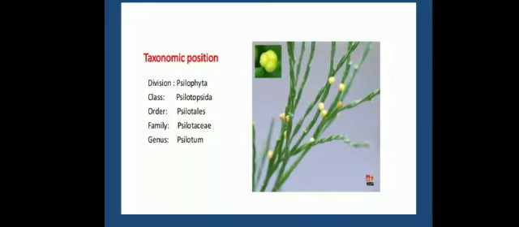The genus Psilotum is widely distributed in tropical and subtropical regions of both northern and southern hemispheres. Examples are Psilotum nudum and Psilotum flaccidum. The plant is xerophytic in nature and grows in various habitats from very dry to moist places.